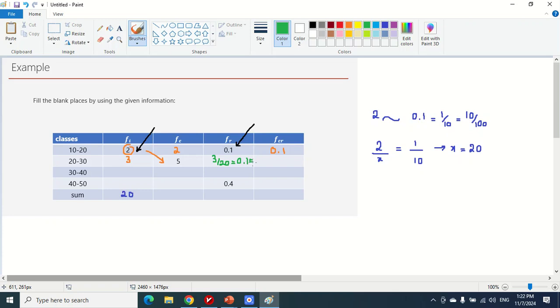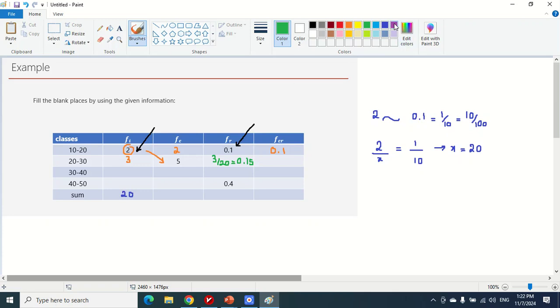And if we want to calculate the cumulative relative frequency, you can divide the cumulative frequency by the whole space, or you can add the relative frequency of the previous class to the next one, meaning you add 0.1 and 0.15, and the result is 0.25, or you can simply divide 5 by 20.